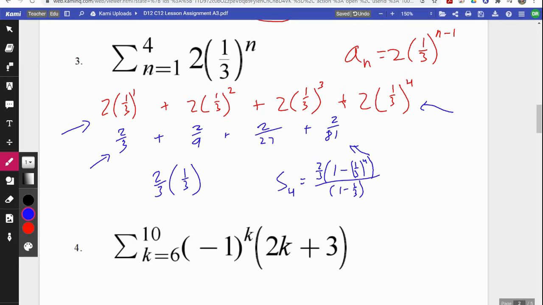We can use those formulas because it's literally the same thing that we're talking about. We're adding up terms of a sequence, and it happens to be a geometric sequence. So as long as I know that I have a first term, and I know how many terms, I could use the series formula. At this point, though, I would suggest probably just adding up these terms, because it's going to be the same amount of work to put into a calculator.